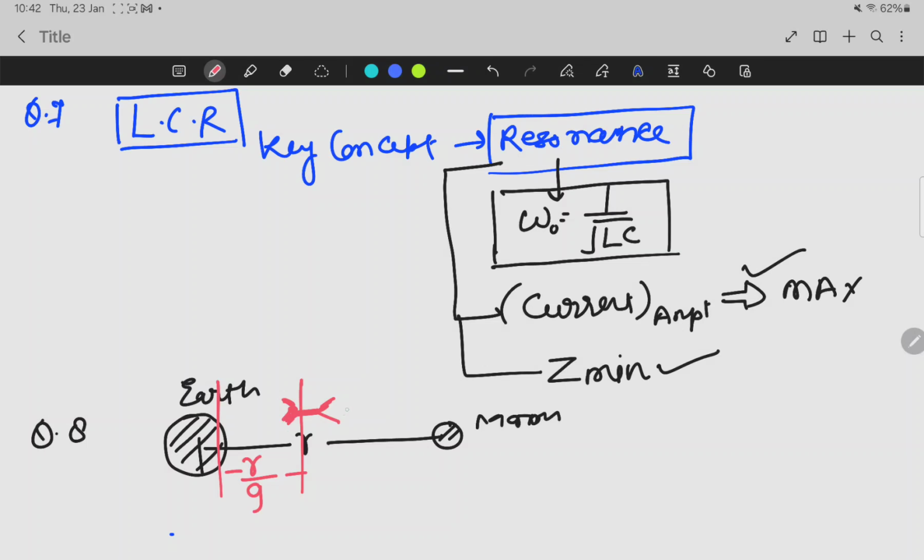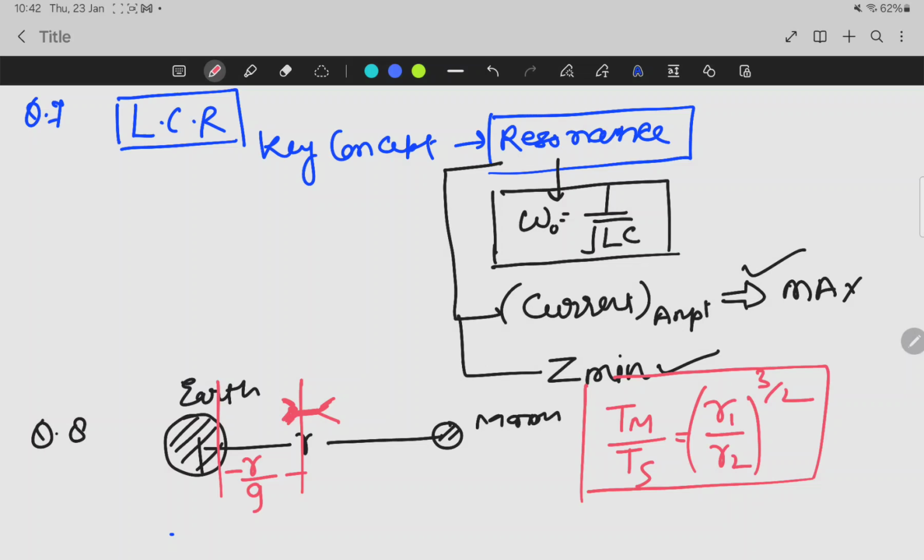So the time period of the moon divided by the time period of the satellite: maybe Kepler's law, if you remember, r1 upon r2 whole power 3/2. Now whenever there are two planets with distance and time period, you had better remember Kepler's expression.